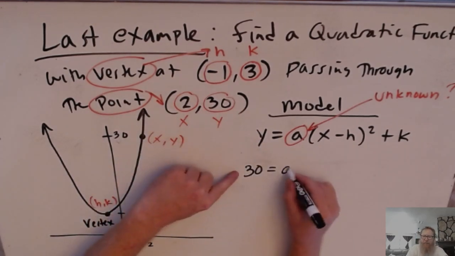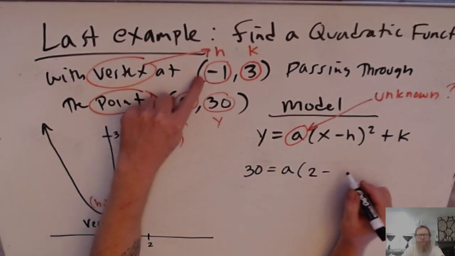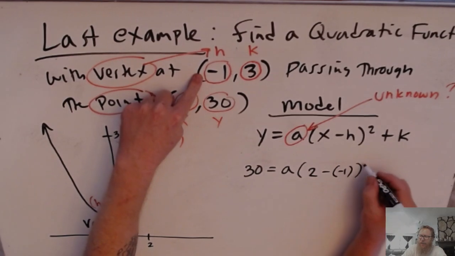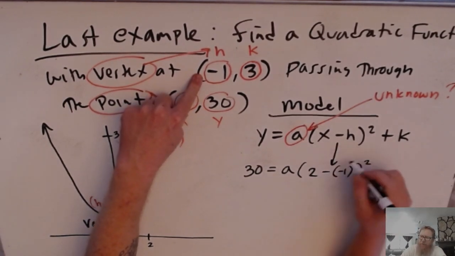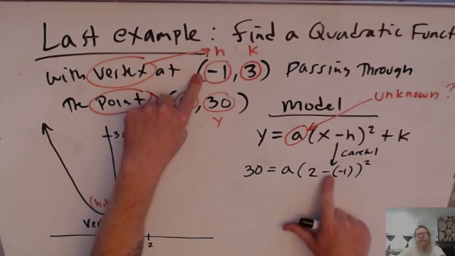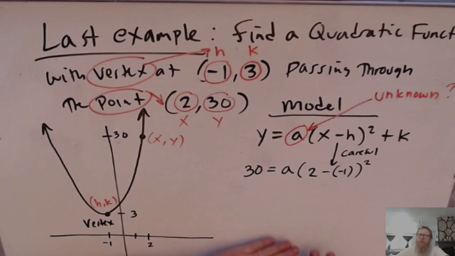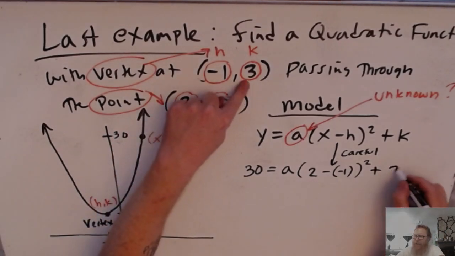y is 30. x is 2. h is -1. Be careful. Yeah, if you accidentally screw up that sign, the rest of the problem is just a waste of your life. All right, and then k is 3.